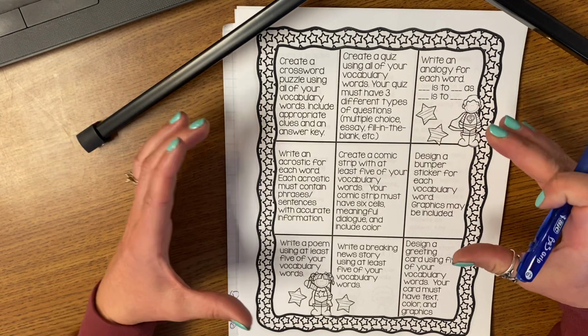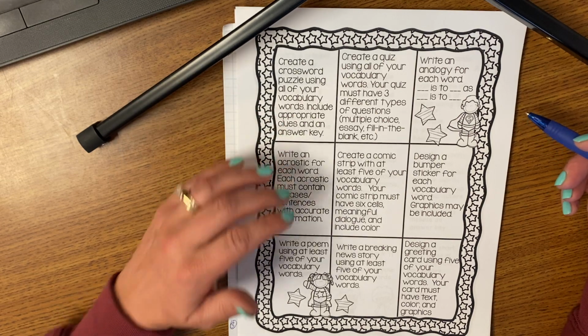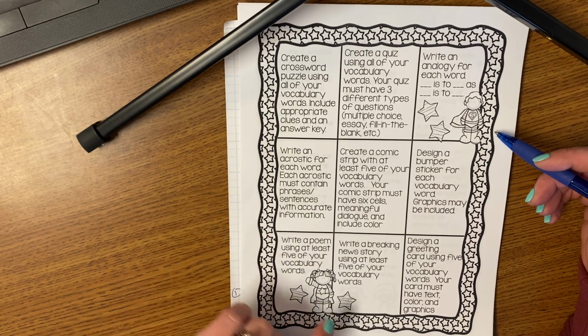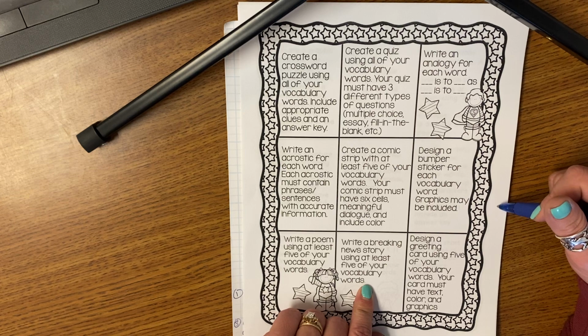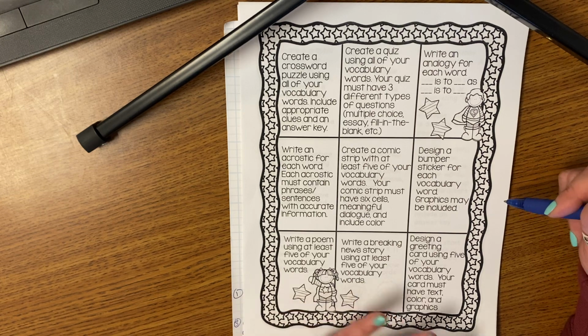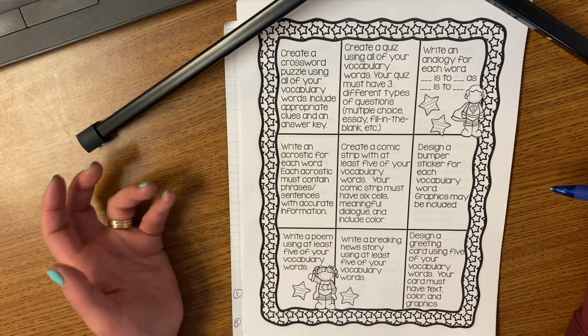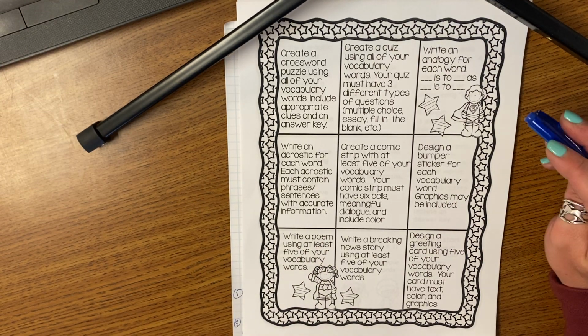So something funny about your word, and you could put a picture on there. Write a poem using at least 5 of your vocabulary words. Write a breaking news story using at least 5 of your vocabulary words. So a lot of these options say using 5 words, but you have 8 words each week. So do you have 8 or 10? Yeah, 8.